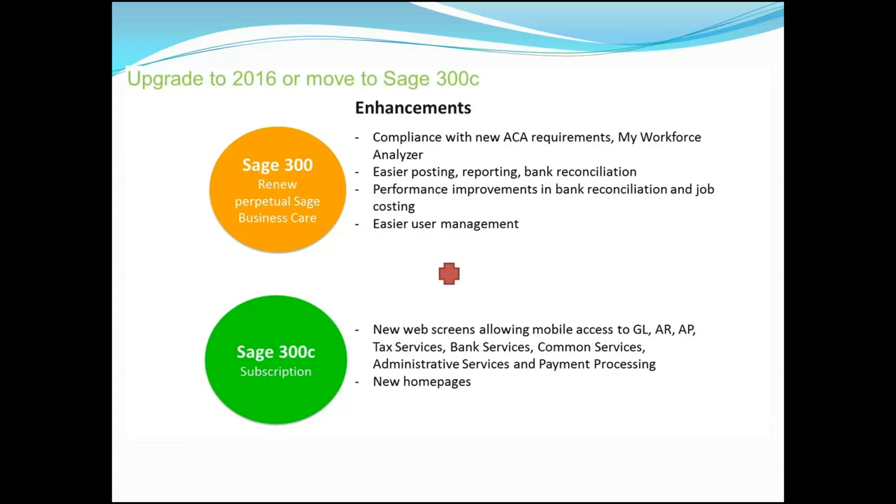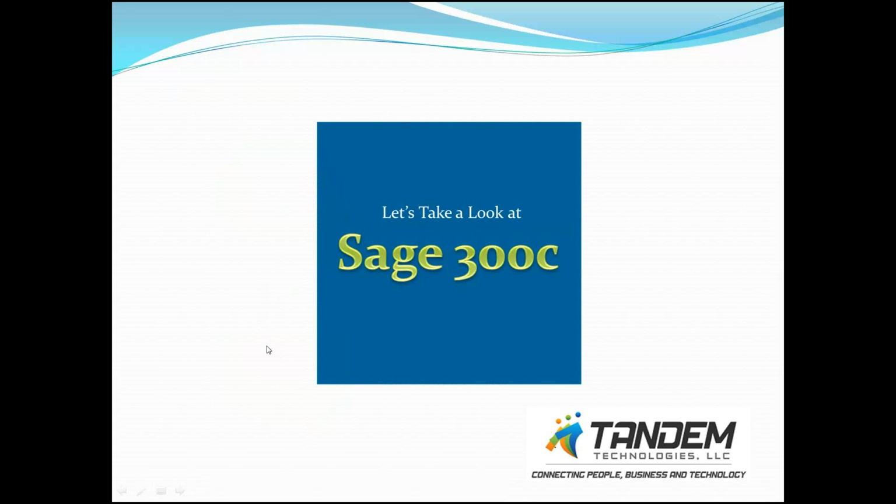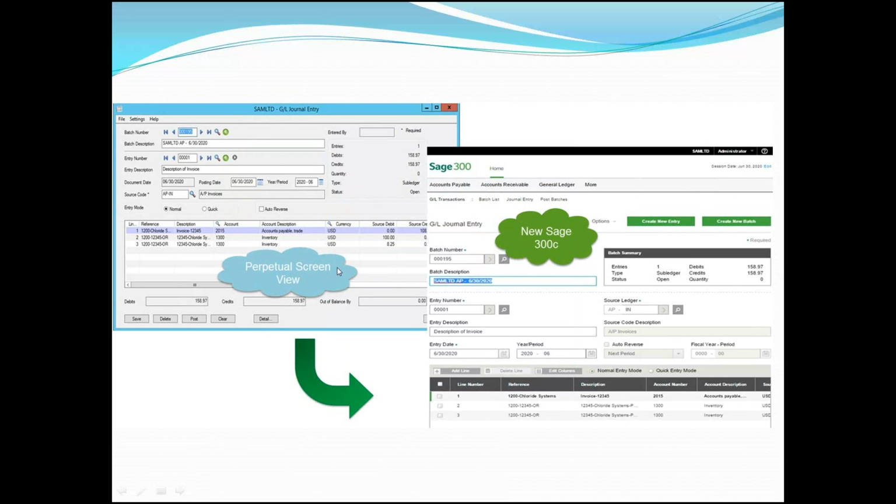But the main thing is that we want to just tell you about the new features and functionalities, and also help you understand what the differences are between 300 and 300C. So let's take a look first at Sage 300C. These are the screens on the left, which are the perpetual screens that you're using now. And if you're using the portal, your screens are going to look more like the ones over here on the right.